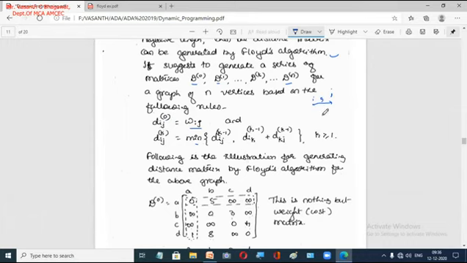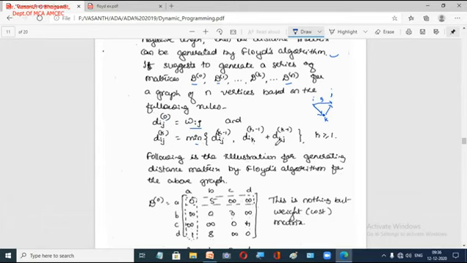Suppose you have another vertex k, with a path from i to k and k to j. If you go directly from the ith vertex to the jth vertex, the cost is 5. This is the previous value.